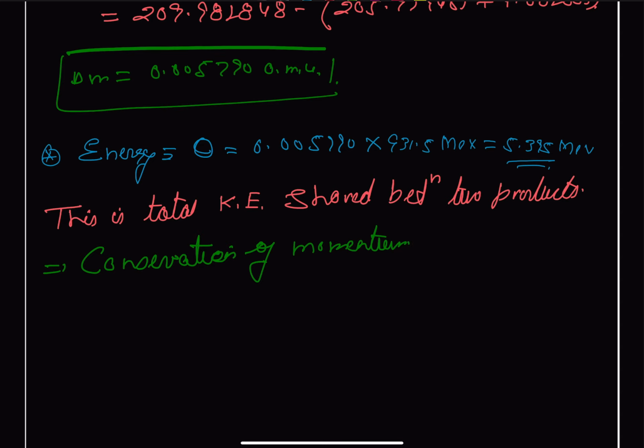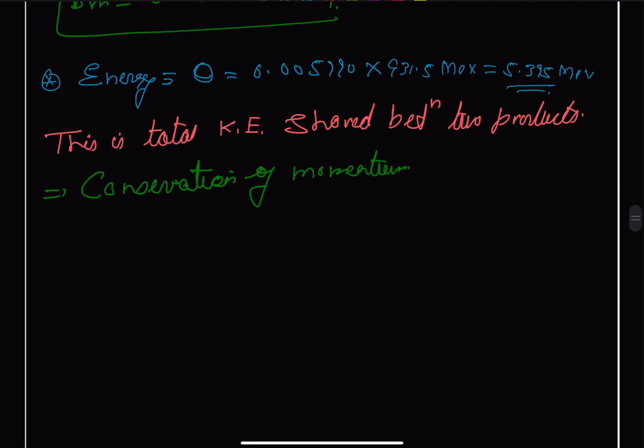And from there we can write that our K alpha will be equal to total energy multiplied by the mass of our lead and divided by the mass of the lead as well as the mass of our alpha particle.